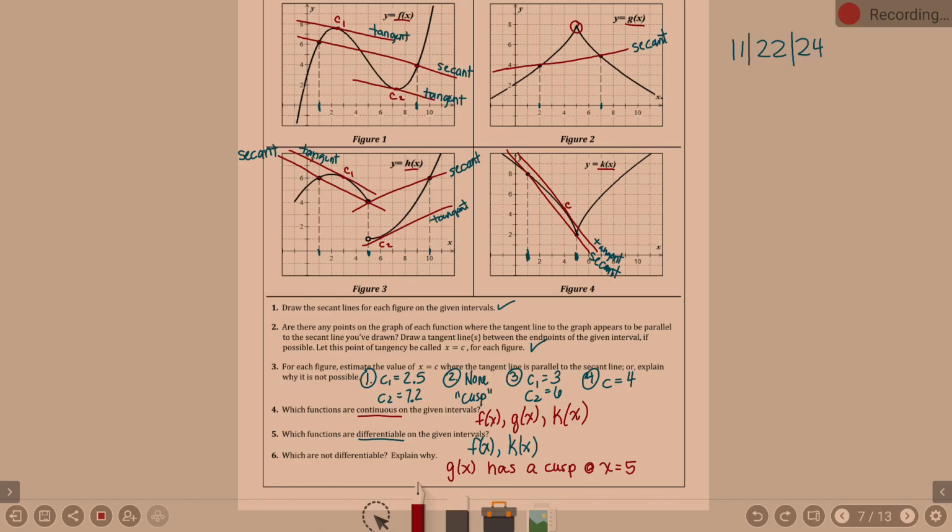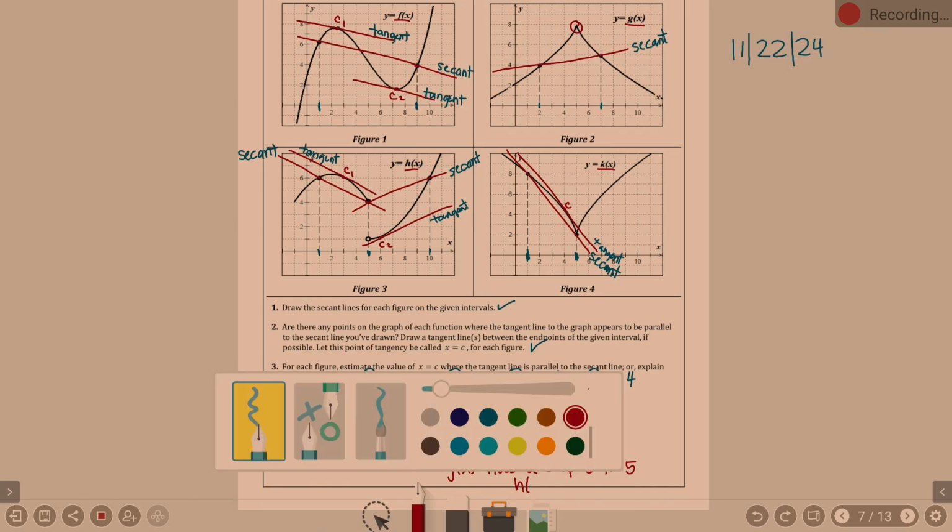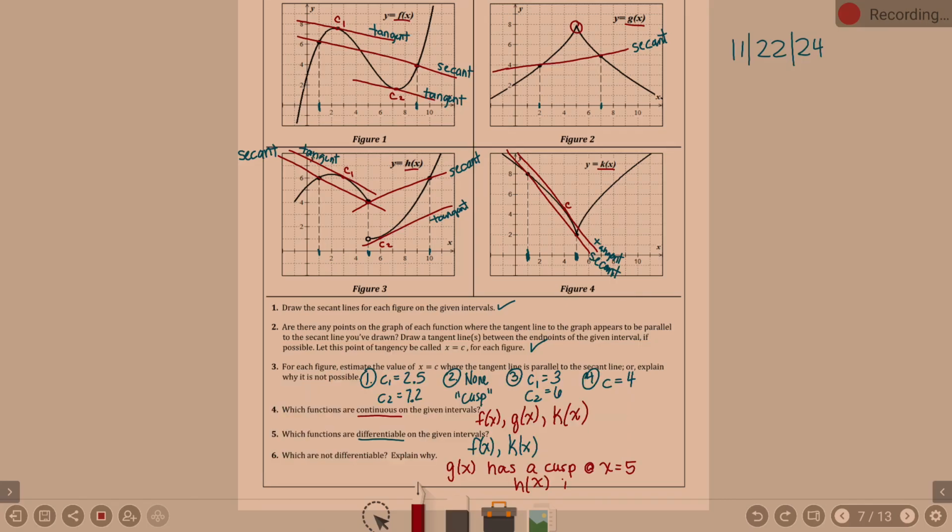H. H of x is not continuous at x equals 5.